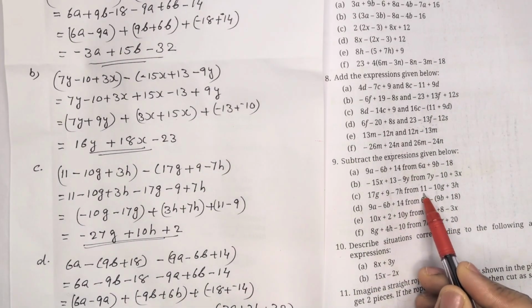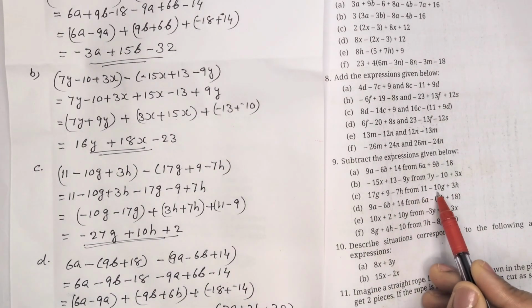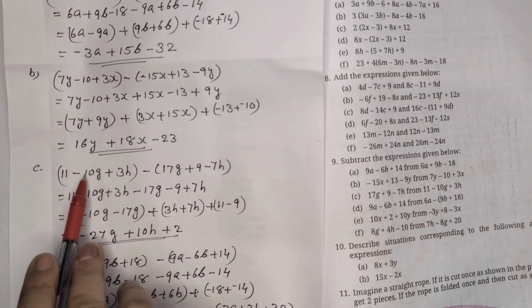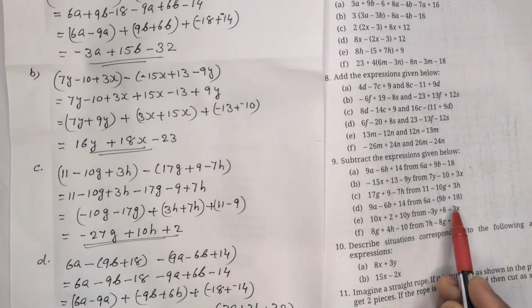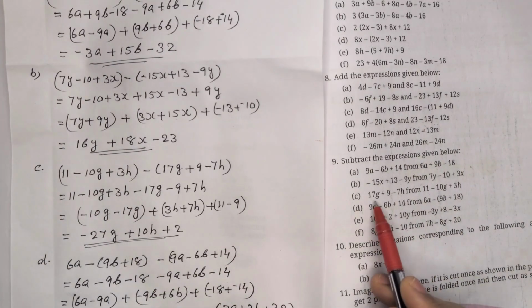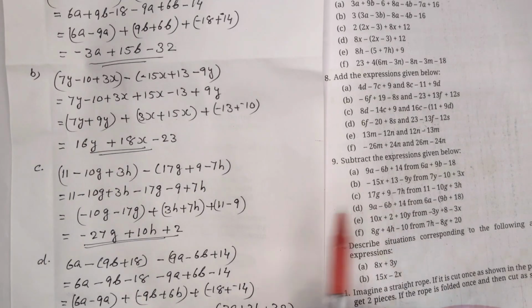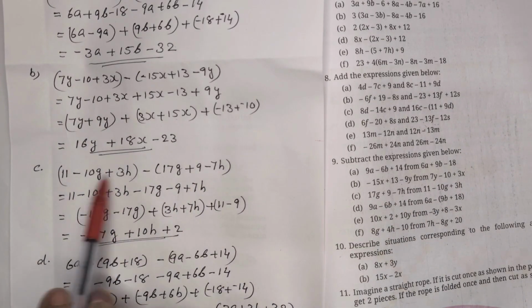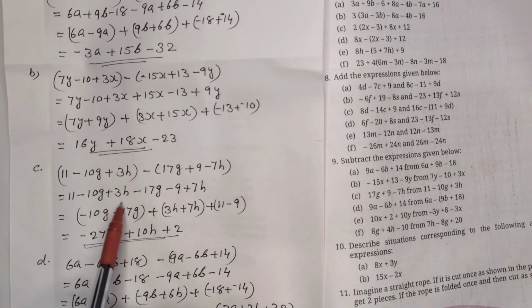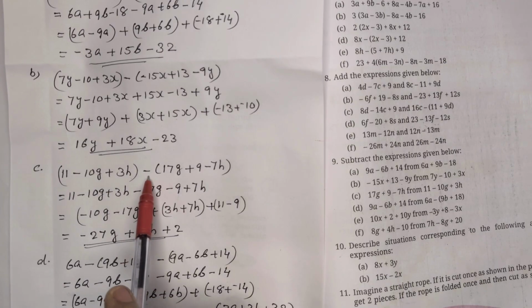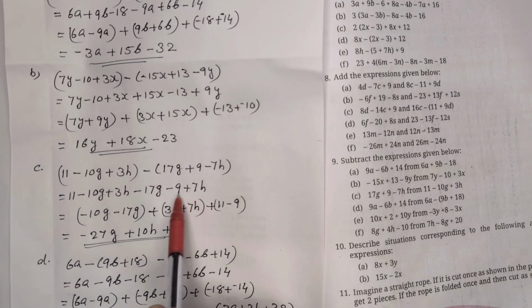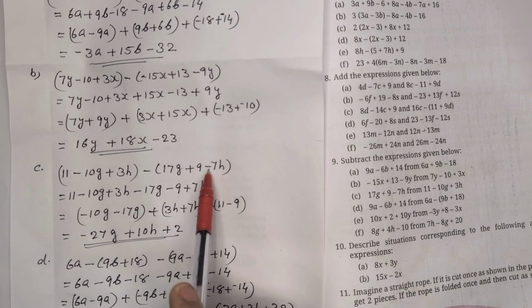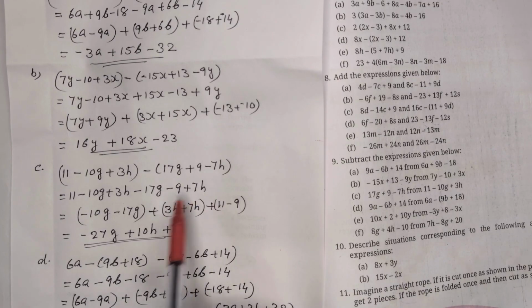C: write the second expression first. 11 minus 10g plus 3h. In the first bracket, that minus first expression: 17g plus 9 minus 7h. Open the bracket, first same as that all the terms. Then apply the minus sign. Minus 17g minus 9, minus of minus it will come plus 7h.